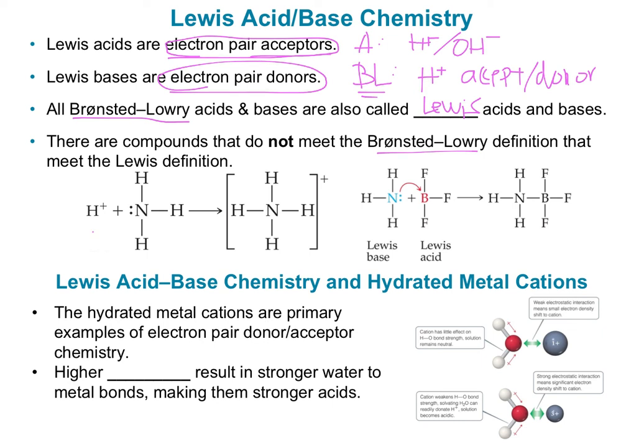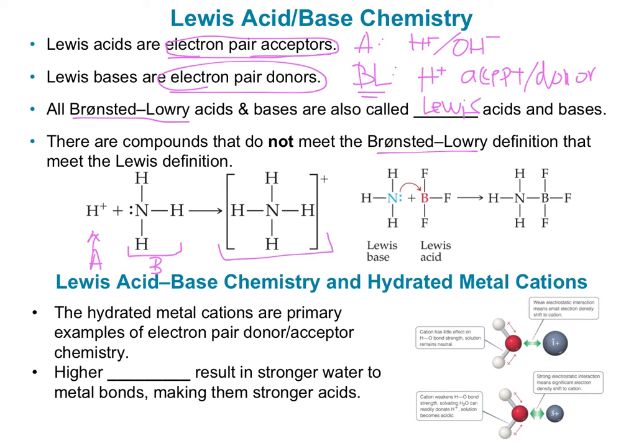So here is hydrogen attaching to ammonia. If we think about Bronsted-Lowry, hydrogen is being lost from an acid, right? And ammonia is acting like a base and accepting the hydrogen to form ammonium. So here we have acid going to base, right, to form our new compound.